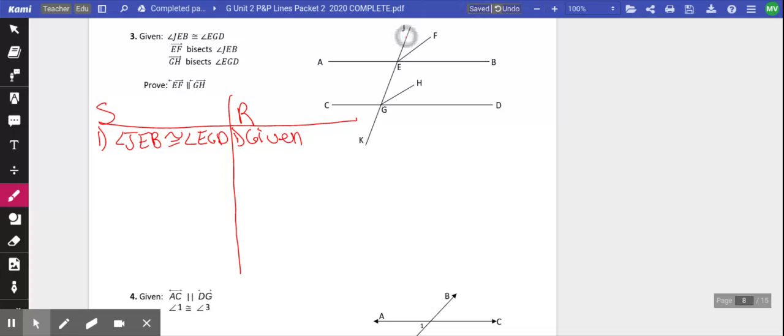So if I know JEB is congruent to EGD, what does that tell you that could possibly help me with this proof? So I want you to pause and think about that for a second.